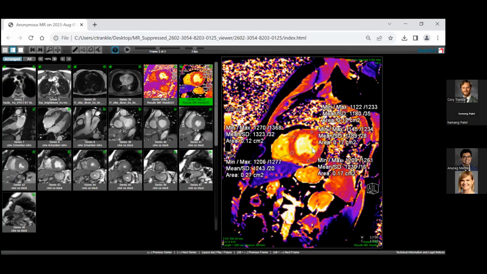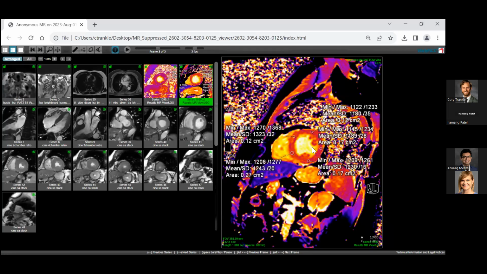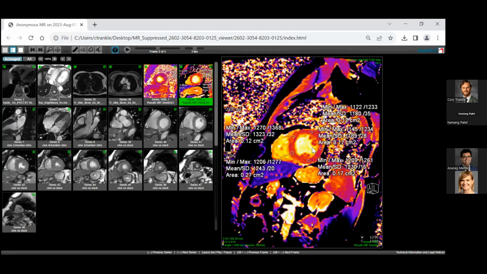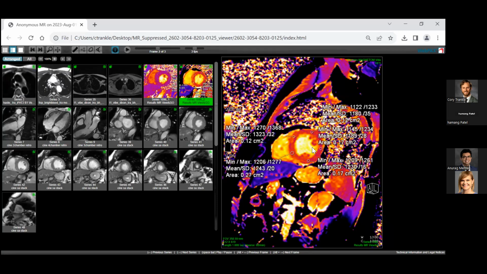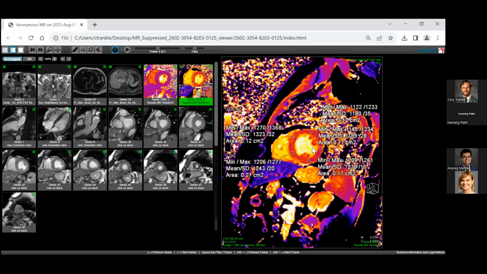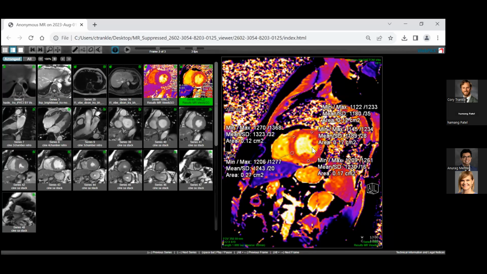What else could it be? Remember, I said it's non-specific. Water. If we've got more water in there, the T1 can go up. What else could be in there? Fatty deposition.